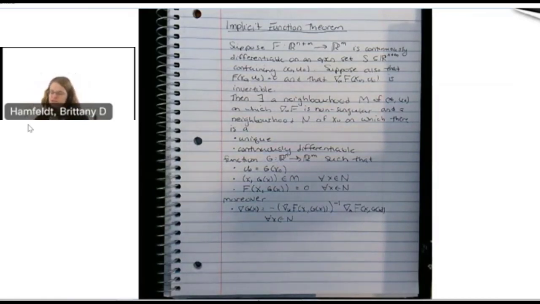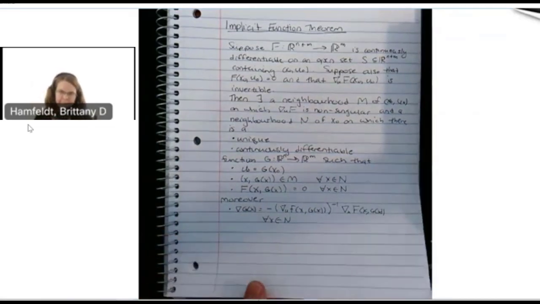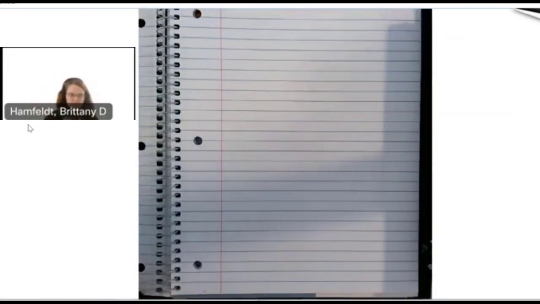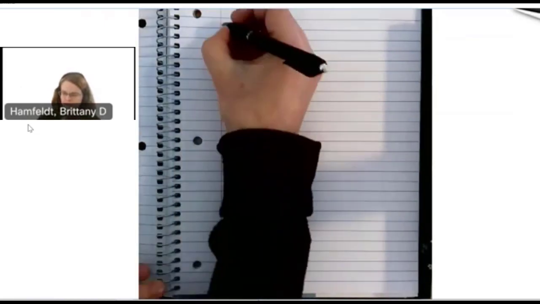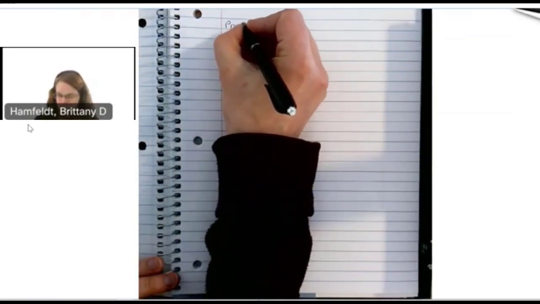So what we'd like to do is take this problem and rewrite it as an inverse function theorem problem, and then use the result that we already have. Okay, so this is our approach. Let's start the proof.